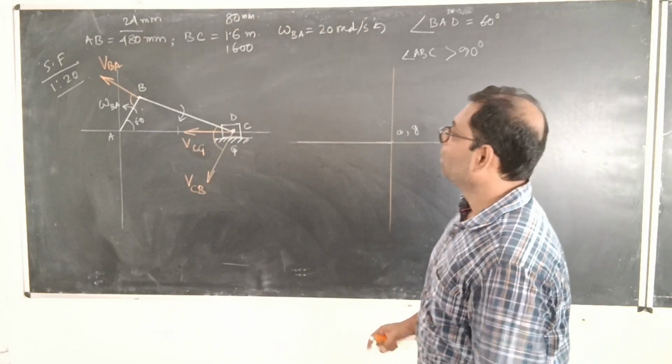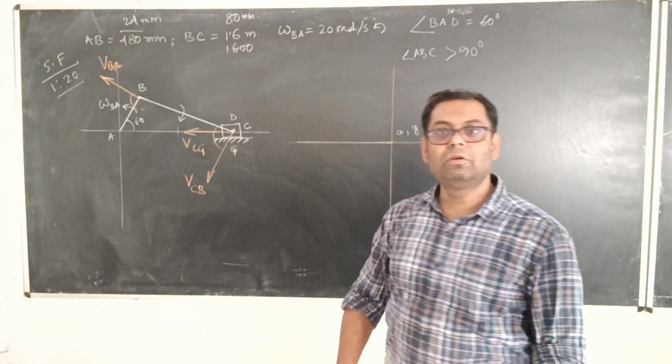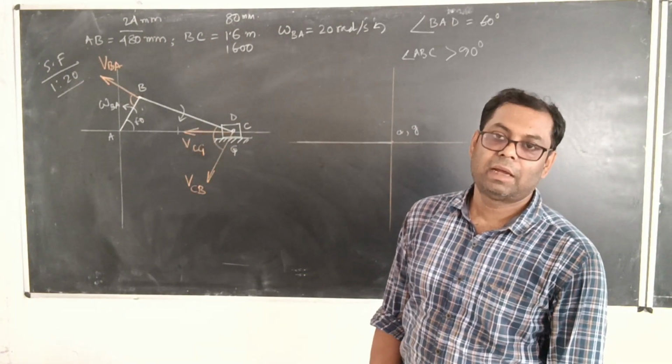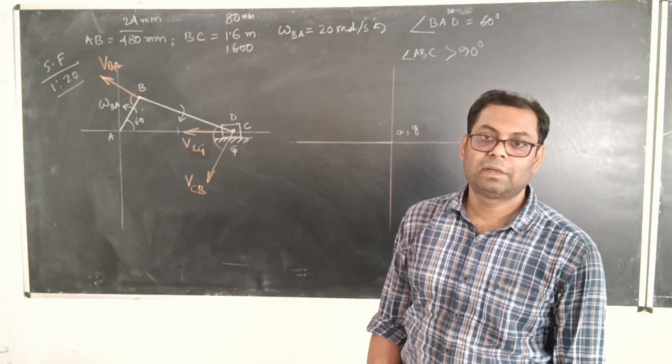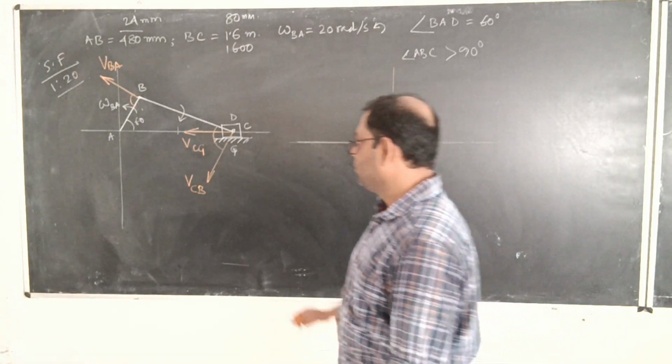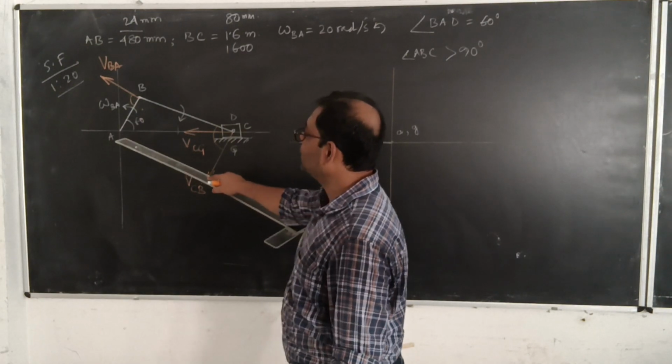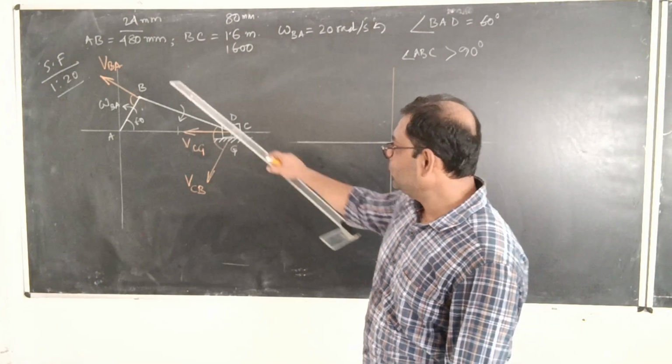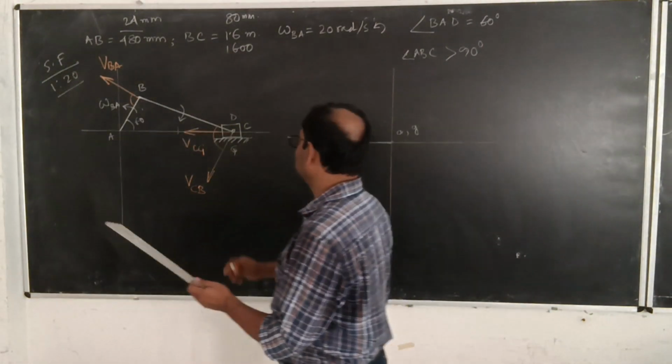But what about VBA? I know the direction, and I know the magnitude. How do I know the magnitude? Because what is the length AB? It is given. The length AB equals 480 millimeter.